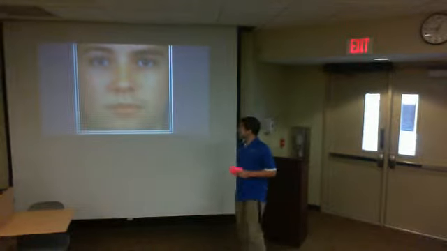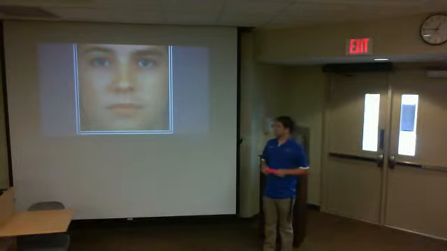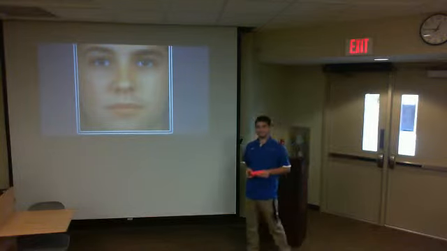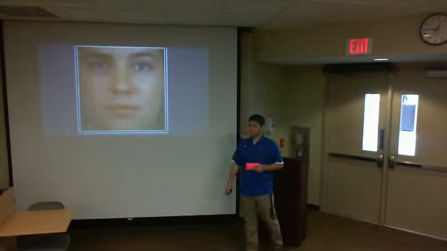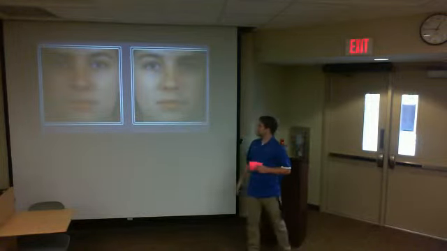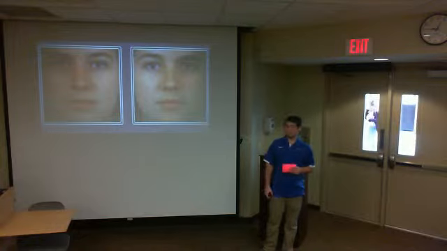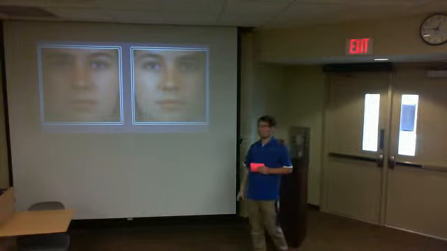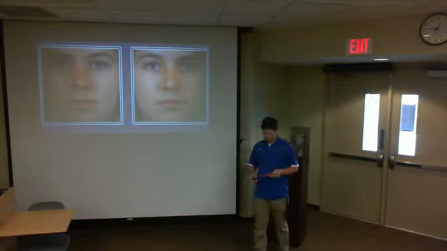Now look at this face. Does this face look like it's male or female? How about this one? Now these two faces are actually both male and female. They're just mirror images of each other.